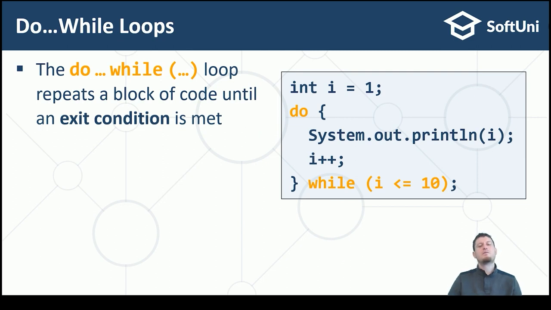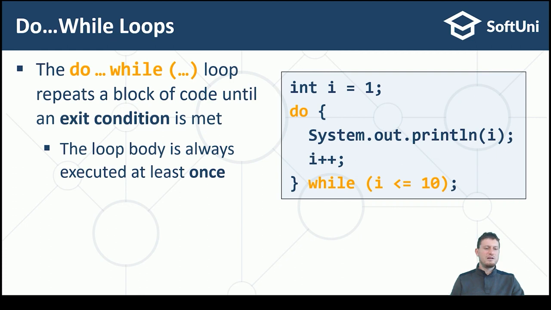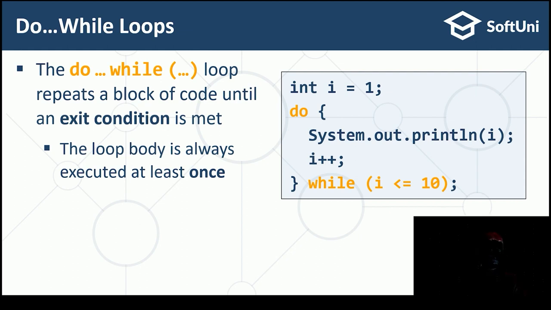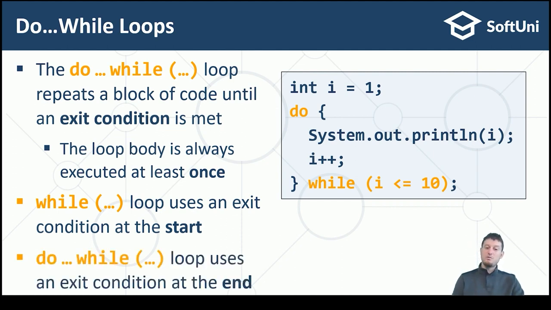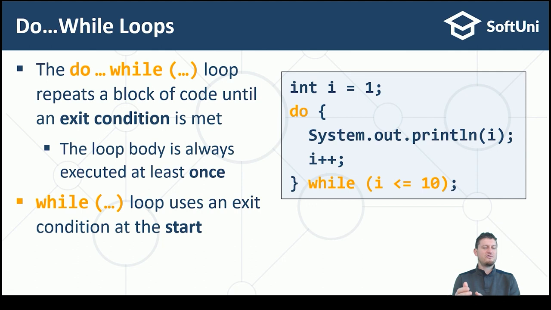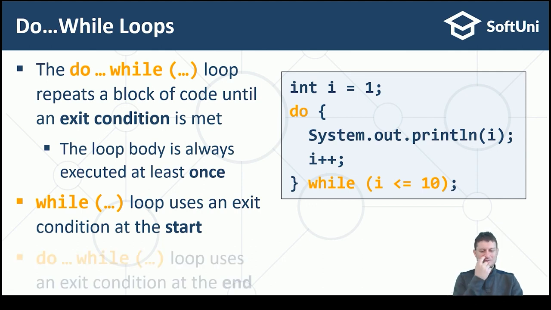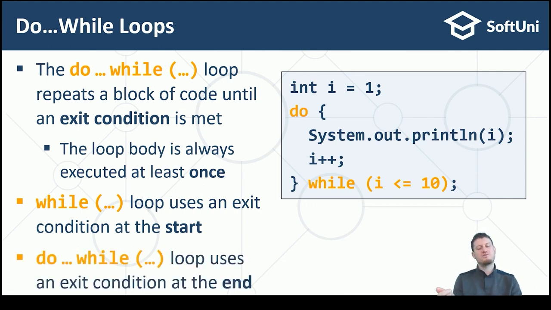Very similar to the while loop, but at the while loop we have the loop body executed 0 or more times, and here we have the loop body executed at least once. So while loop uses an exit condition at the start, and do-while loops use an exit condition at the end. So a while uses an entrance condition, loop condition, and this uses a post-loop exit condition. Okay, but the logic is very simple.